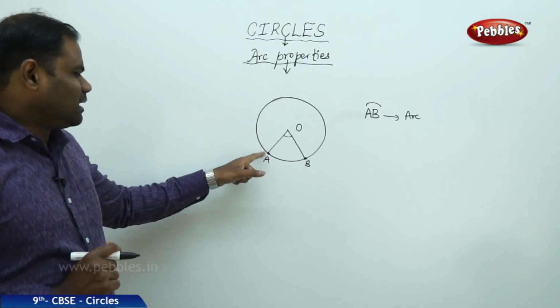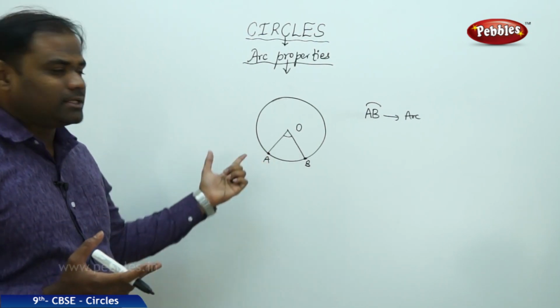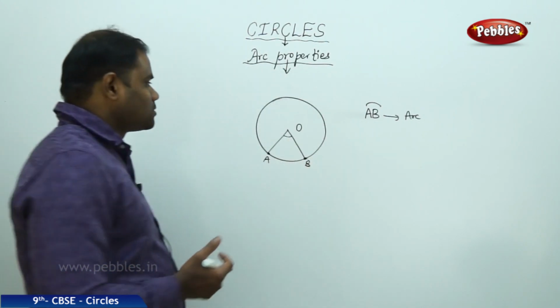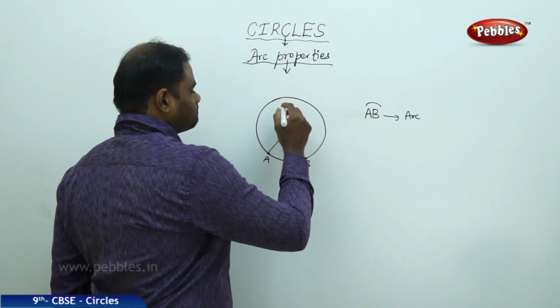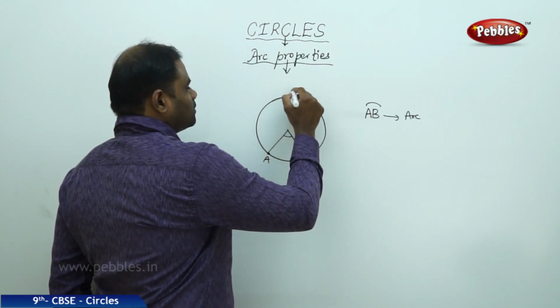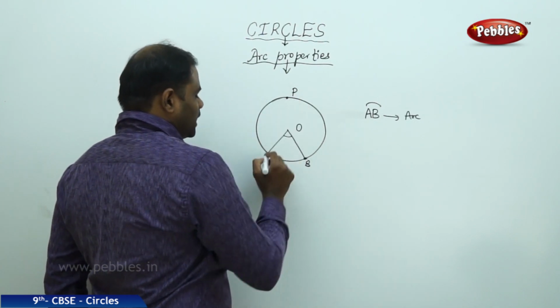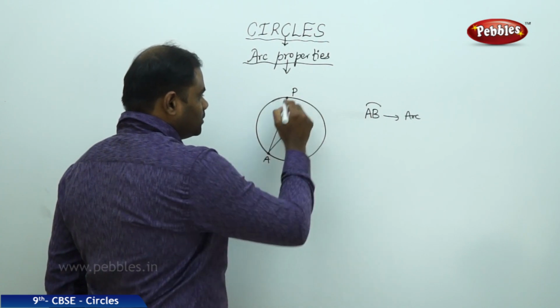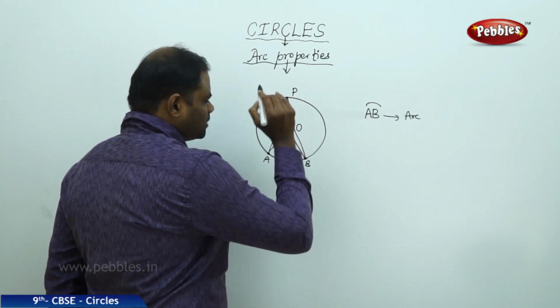Say the arc subtends some angle at any part of the circle. So let me pick a point P on the circle. So the angle subtended by this arc at P would obviously be when I join PA with PB.